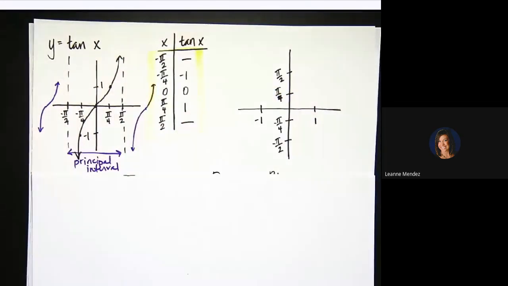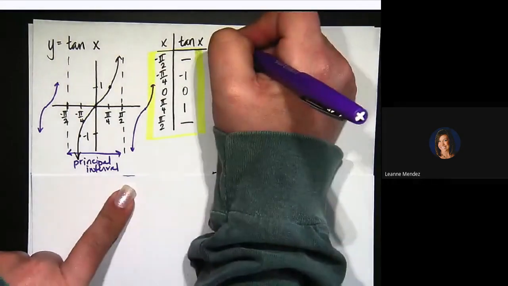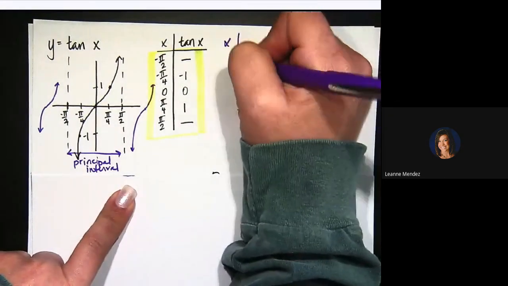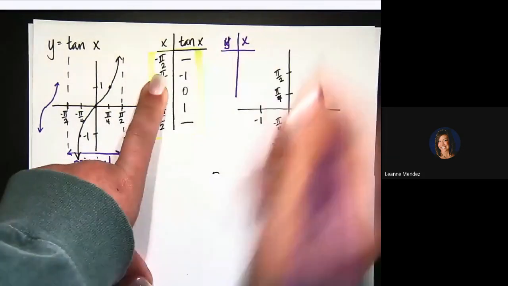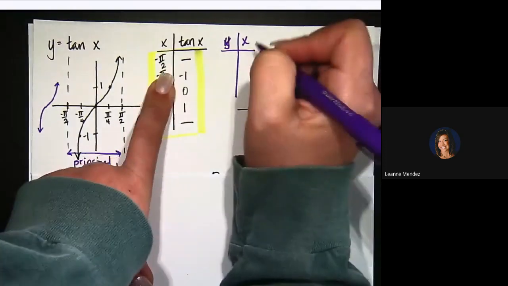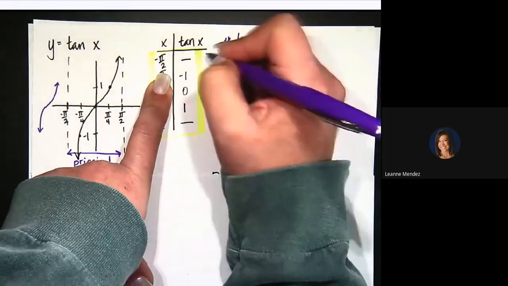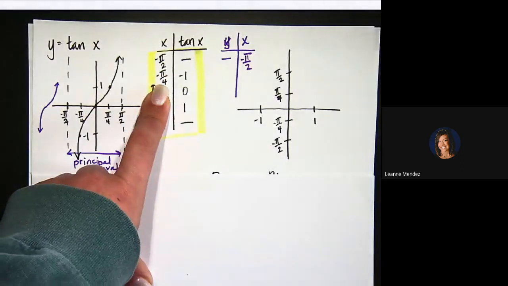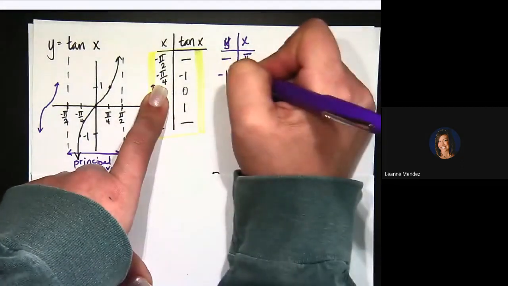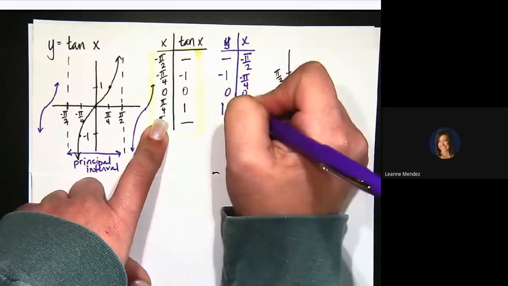So I'm going to consider the whole thing in terms of my XY t-chart. When I switch my X's and Y's, I'll put my Y's here, I'll put my X's here. These are still going to be asymptotes, but now they're going to be horizontal asymptotes. So this -π/2 is going to be a horizontal asymptote at -π/2. -π/4 is going to turn into -1, -π/4. 0, 0 stays. π/4 becomes 1, π/4.